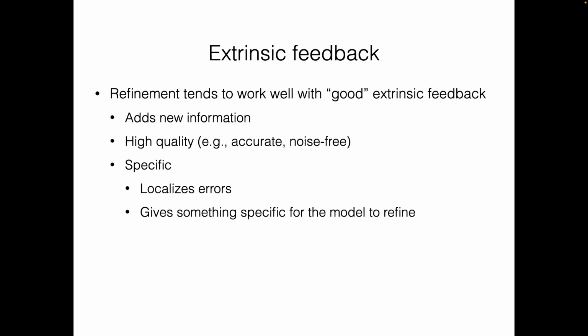It should be accurate. And then it also turns out to be helpful if the feedback is specific. So again, you could imagine now the refinement step knows specifically what it should fix. So try to localize the error or give it some specific aspect that the model should refine.